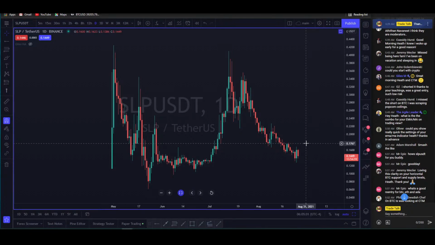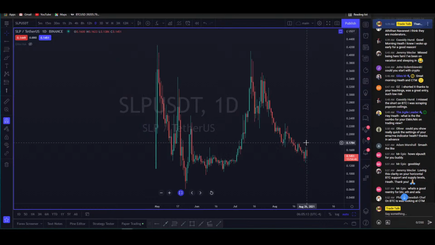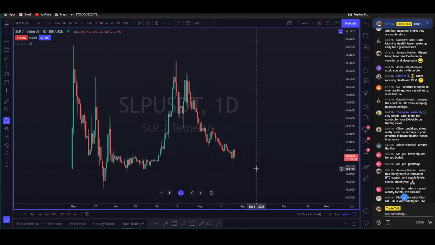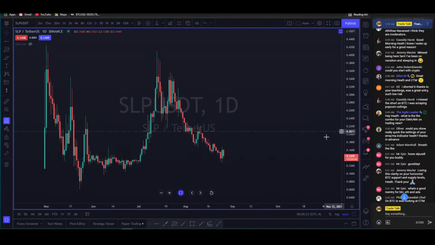You got Bitcoin pushing right back up to its 618 retracement level from all-time highs. This thing hasn't been going up. It's been going down. So is it a good buy? I don't know. I wouldn't mess with it at all. This is terrible. You go up and straight back down. So leave it alone. I don't know what you want me to say.